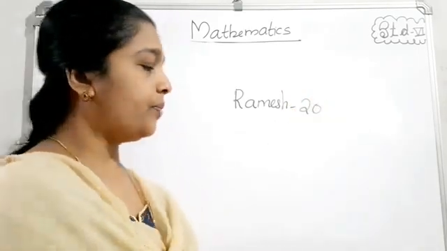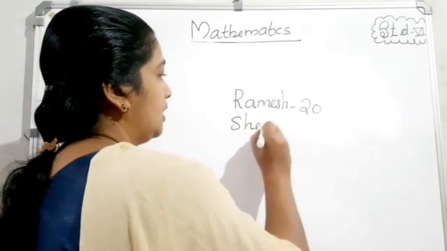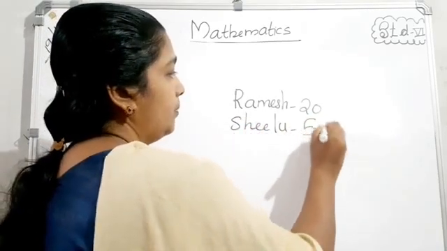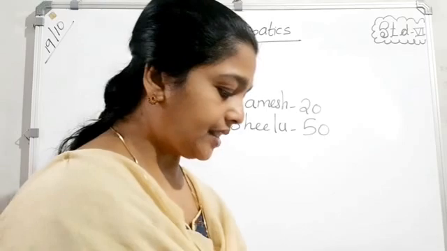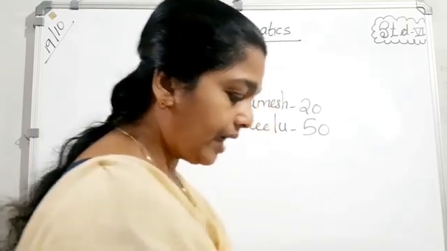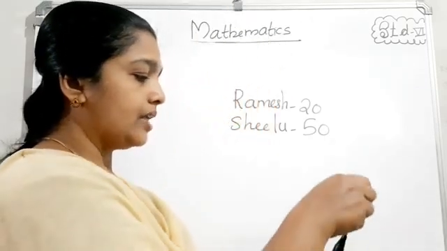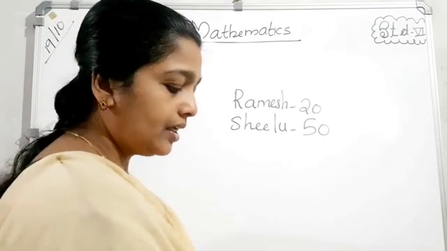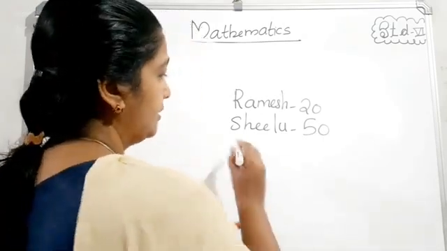Sheelu had 50 pencils. So, second person, Sheelu had 50 pencils, and Jamal had 80 pencils. Jamal had how many pencils? 80 pencils.